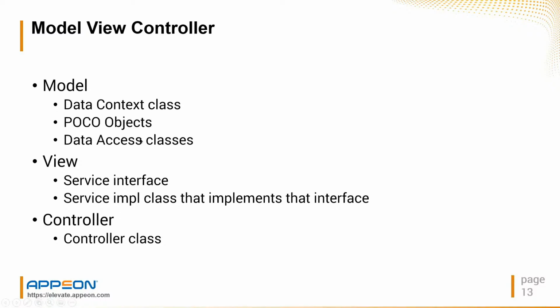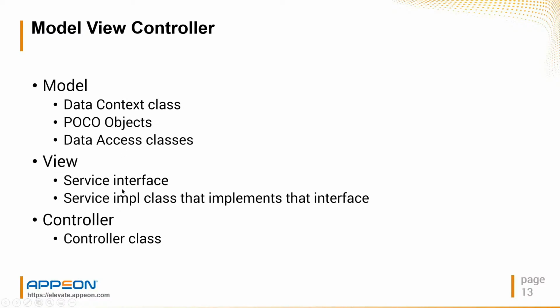You have what are called plain old C# objects, which handle the data transfer. And then you have a data access class that actually uses your data context class to go out and get the data and put it into the POCO objects. In the Snap Develop generated REST APIs, these two objects are actually in one class. That's going to be the only minor difference here.